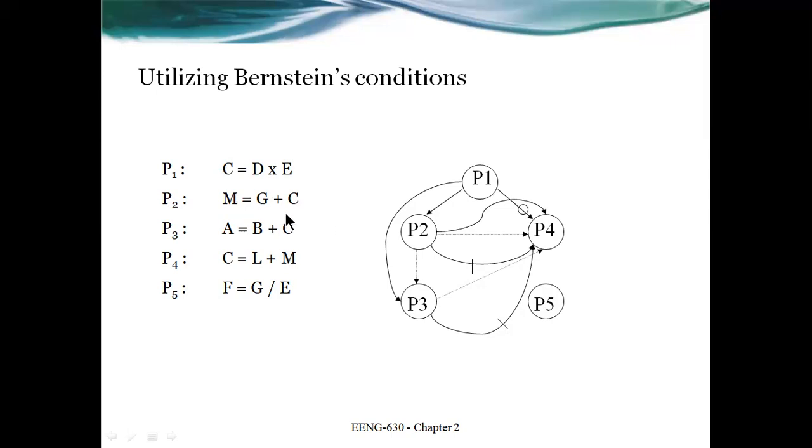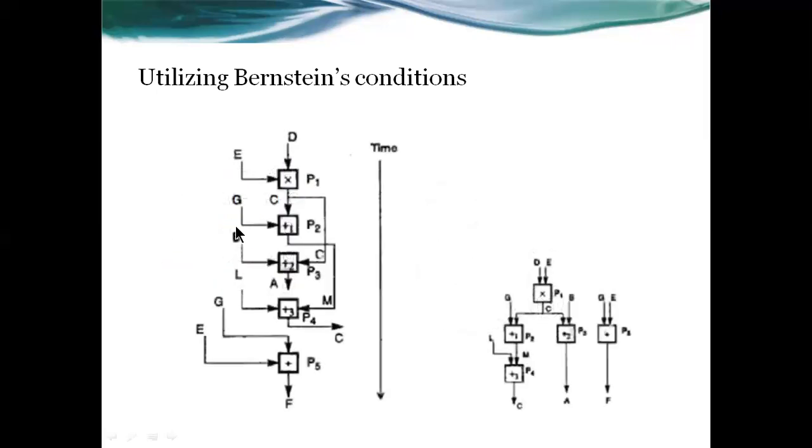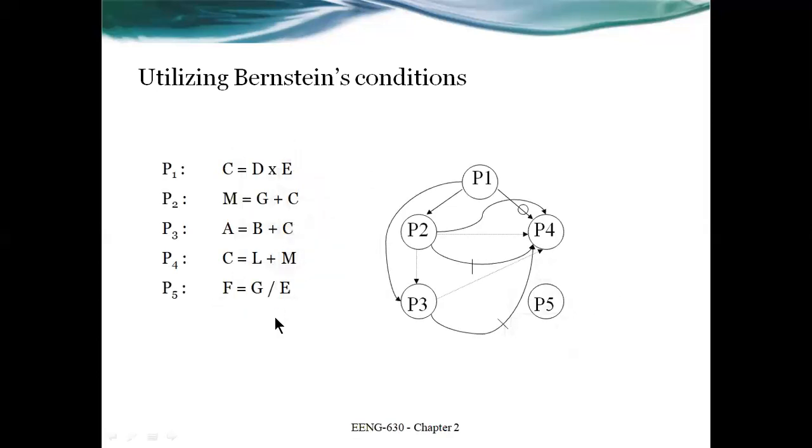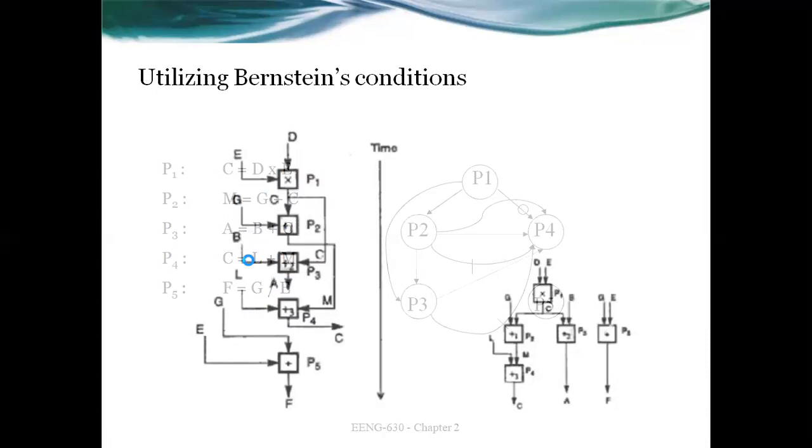Then you have P3 where B and C are added and the result goes into A. C has come from here and B is there separately because B is nowhere the output of these two statements, and they are added and the result becomes A. Okay, then P4: L and M are added and the result goes as C.